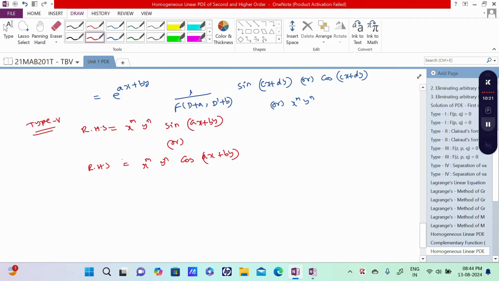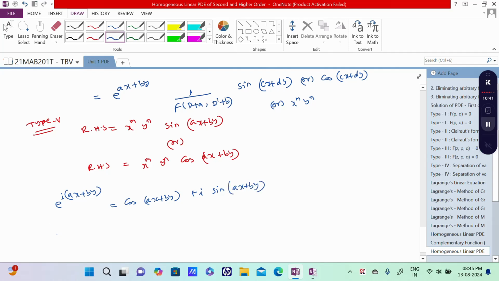Before that, e power i(ax plus by) is nothing but cos ax plus by plus i into sin ax plus by.